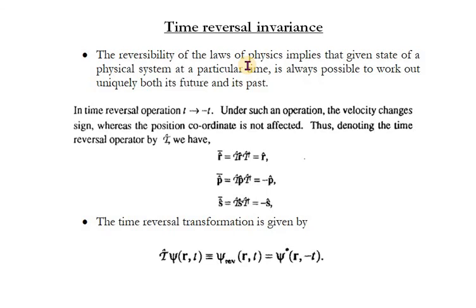Under such an operation, the velocity dx/dt changes sign, but the position coordinate is not affected; x does not change its sign. Thus denoting the time reversal operator tau, we have r prime equal to tau r tau dagger, which becomes r. The position doesn't change, and the momentum changes, it becomes minus p.